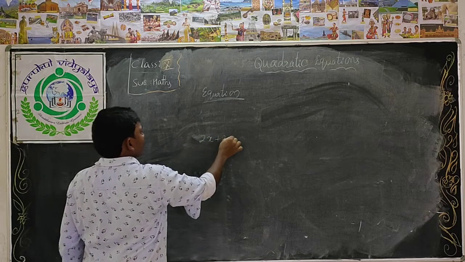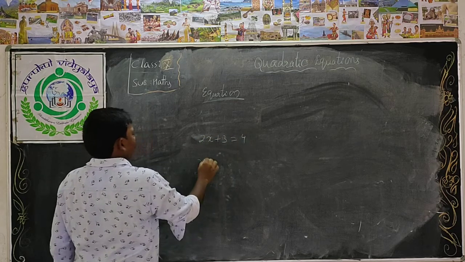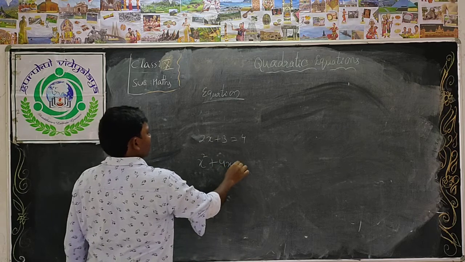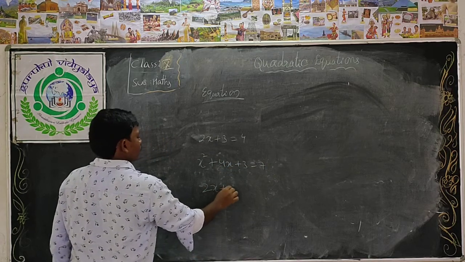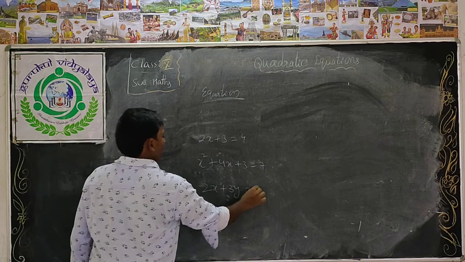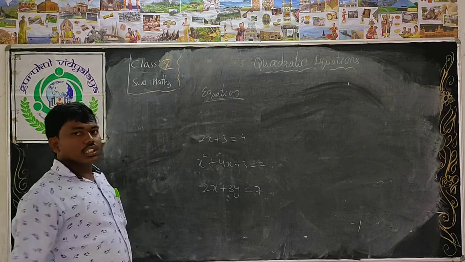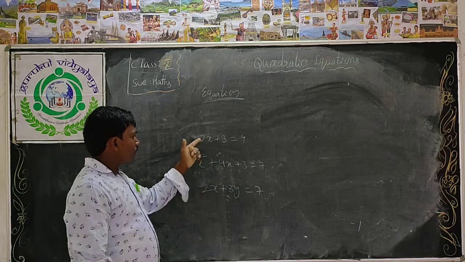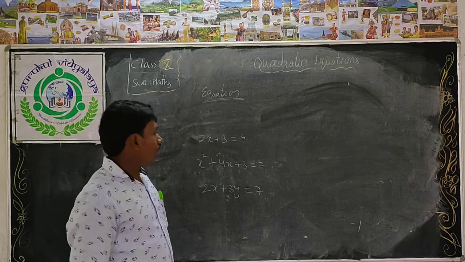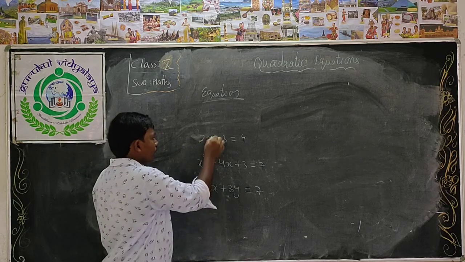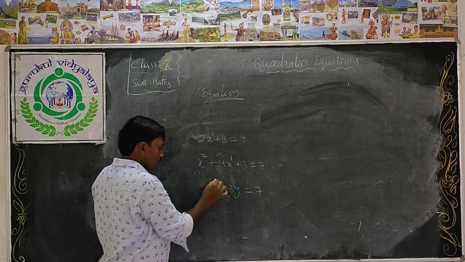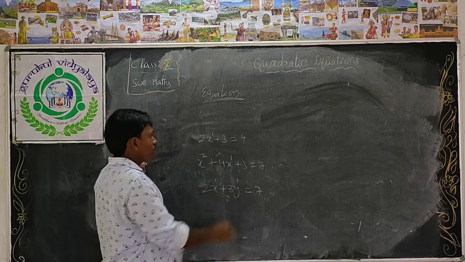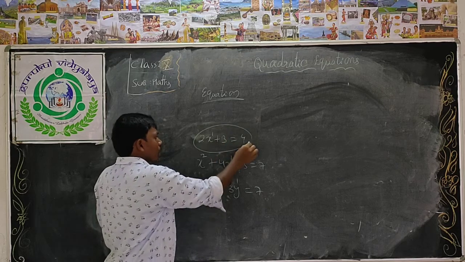2x plus 3 is equal to 4. x square plus 4x plus 3 is equal to 7. 2x plus 3y is equal to 7. See the children, the highest power of the variable is called the degree. This is 1, this is 2, this is 1, this is 1, this is 1. The degree of the polynomial is 1.